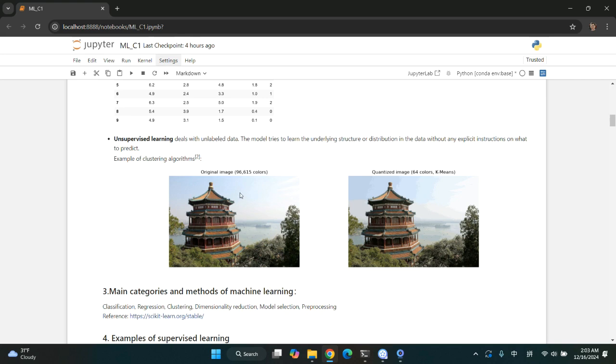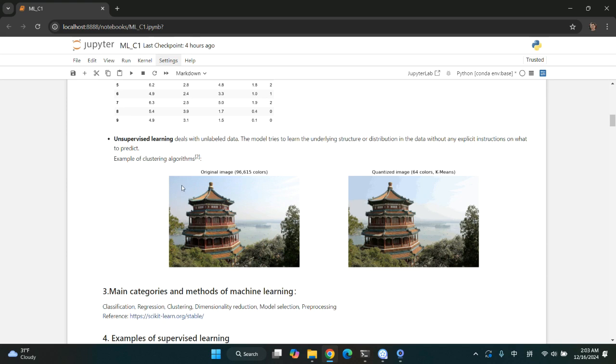So this picture is the original picture. It has 96,000 colors. We know a picture consists of many pixels, so it has many rows and columns. Each pixel represents a color.